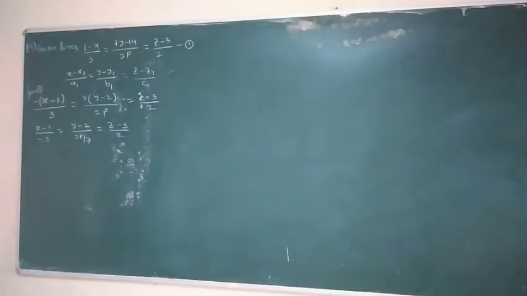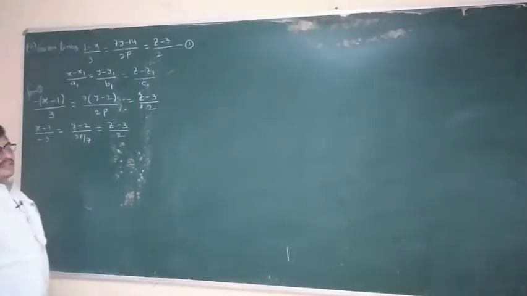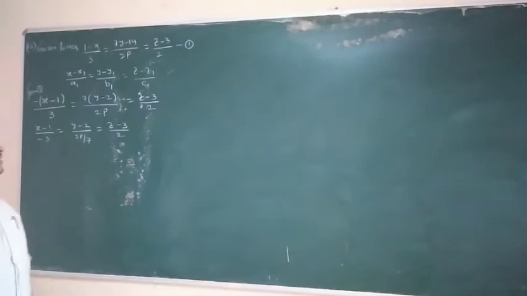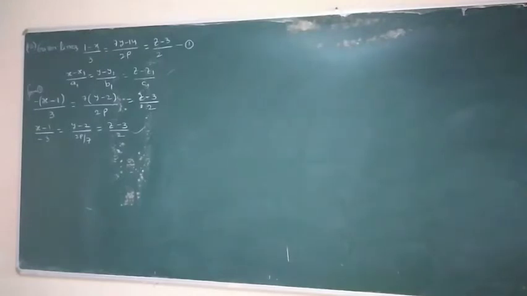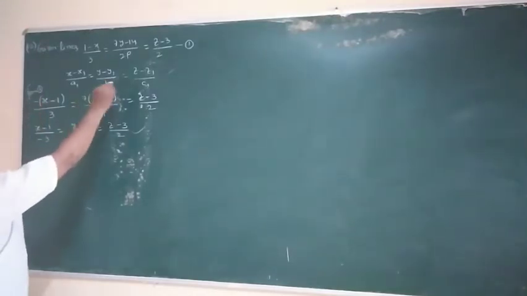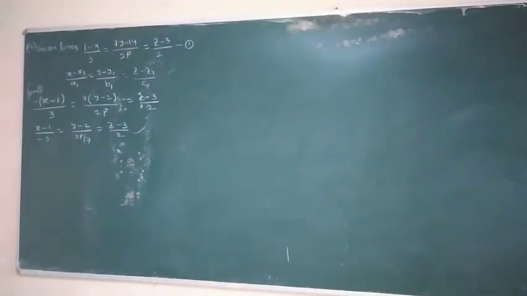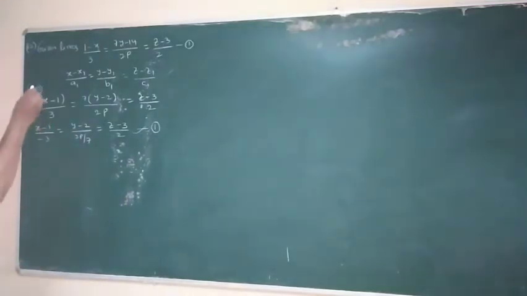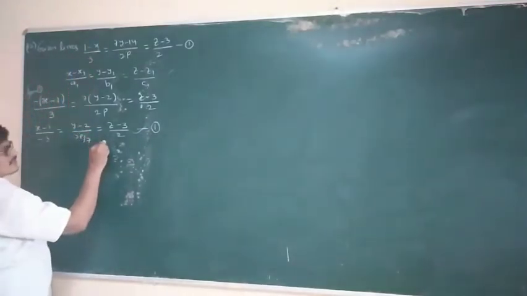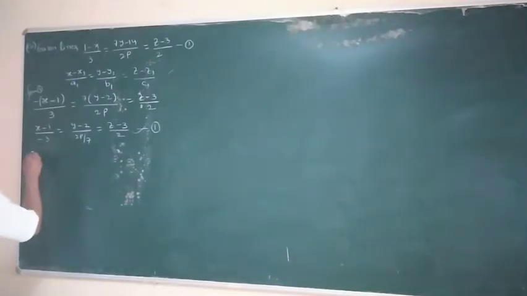So what is the first step? The given line equation is converted into the general form. What is the difference between the given equation and the general form? The general form is x minus x1, y minus y1, z minus z1. So equation number 1 is reduced into the general type.